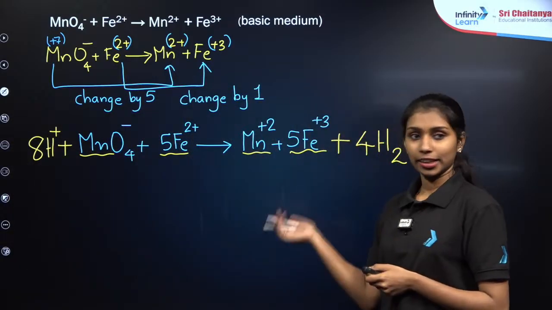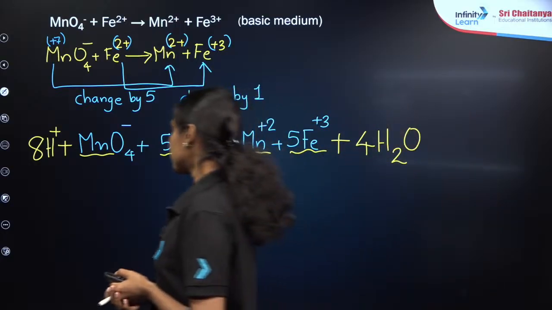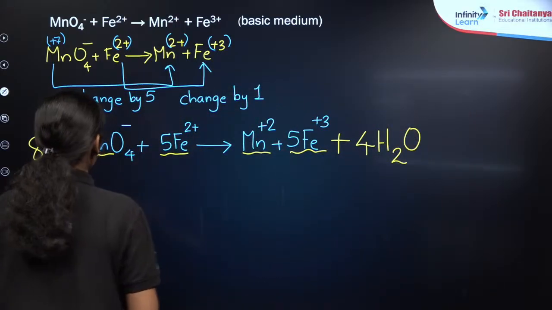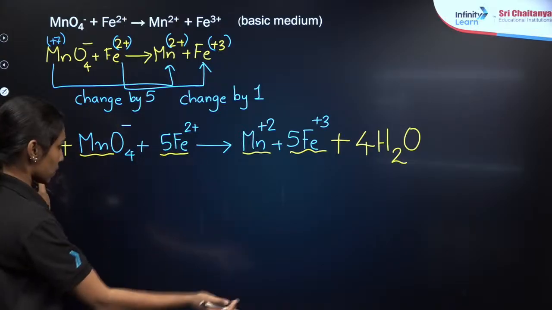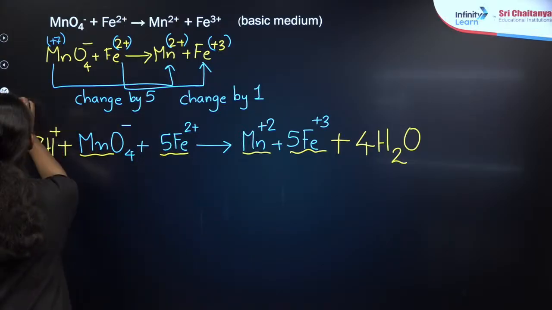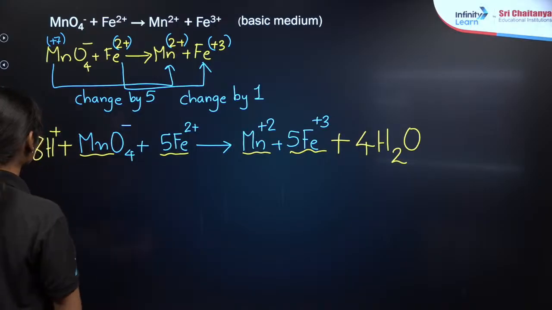Is it clear? Can we move to the next step? So far we have balanced the manganese atoms, iron atoms, and hydrogen as well as oxygen. Now we have to check whether the charge is balanced or not.